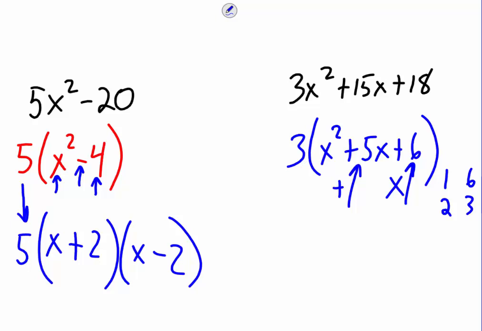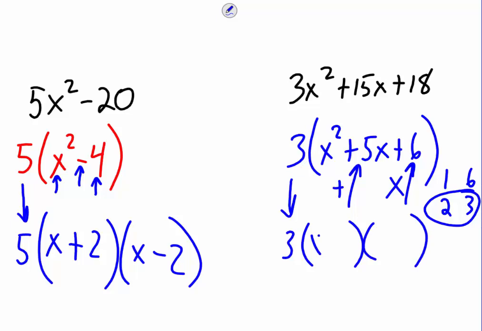And if we're looking for ones that add to 5, 2 and 3. So I'm going to keep the 3 along for the ride. I'm going to put my parentheses down here, an x at the beginning of both of them, and a positive 2 and a positive 3. And I am done. They are factored.